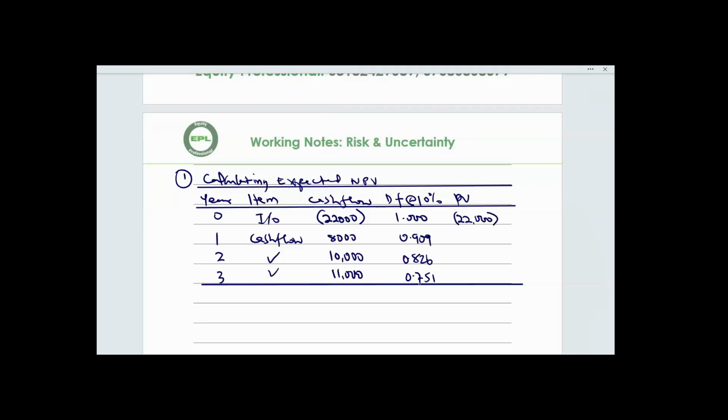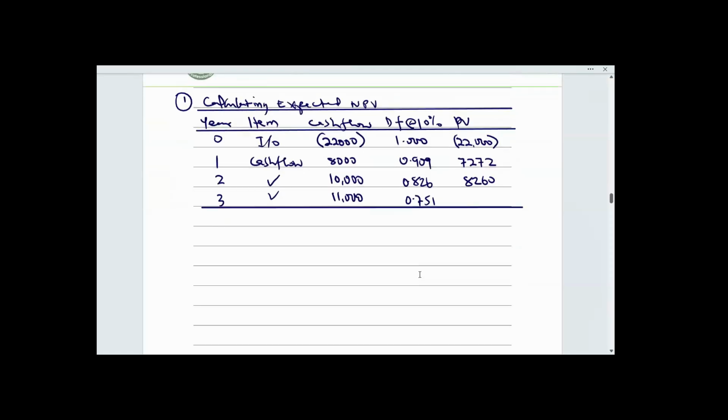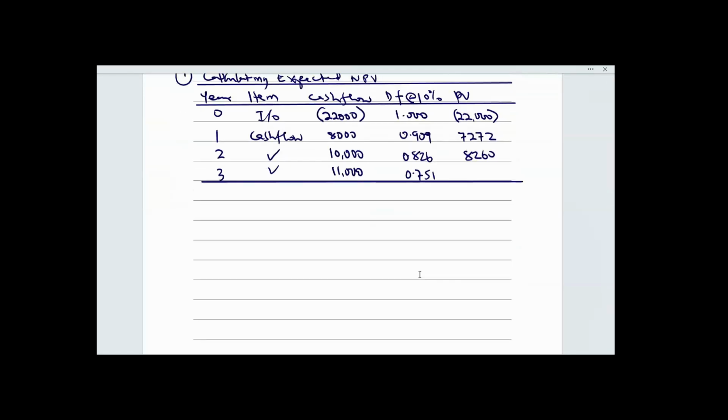This will give us 7,272. This one will be 8,260. 11,000 multiplied by 0.751, what do you get? 8,261.